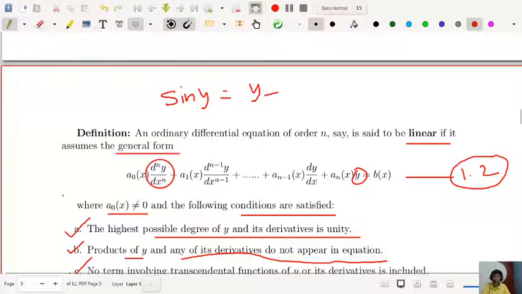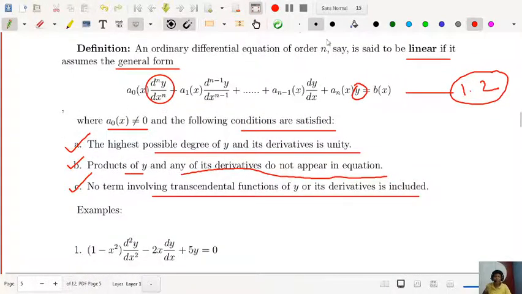Expansion of sine y is y minus y cube by factorial 3 plus y5 by factorial 5 and so on. So there is a non-linearity. You see, y has power more than 1. So if any equation has a transcendental function, that is non-linear.